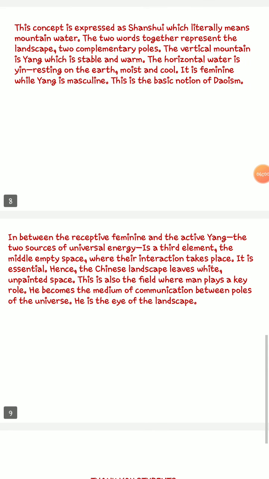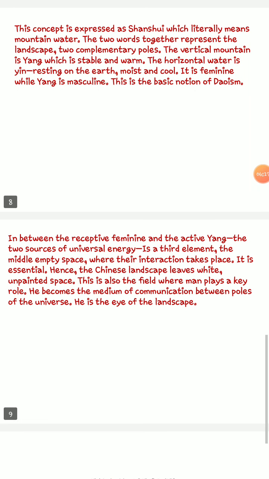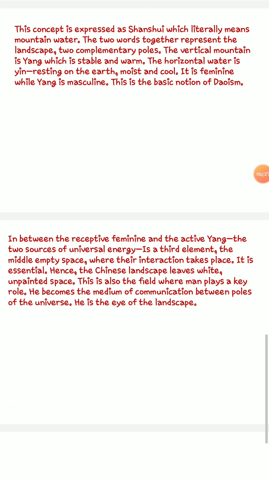In between the receptive feminine and the active yang, the two sources of universal energy, is a third element, the middle empty space, where they are meeting. Meeting, we can say, interaction also, takes place. It is very important, or in other words, it is very essential. Hence, the Chinese landscape leaves white unpainted space.